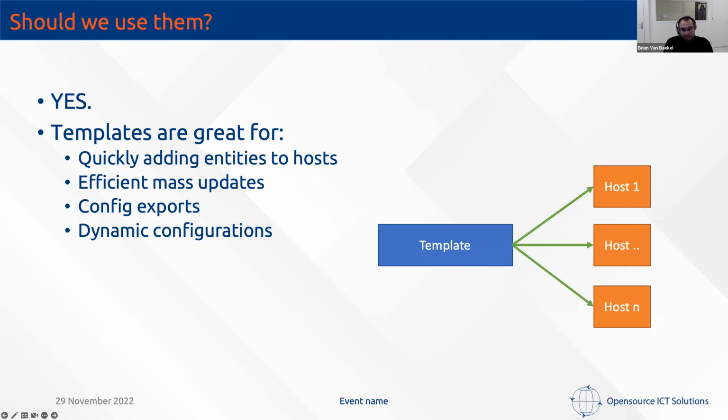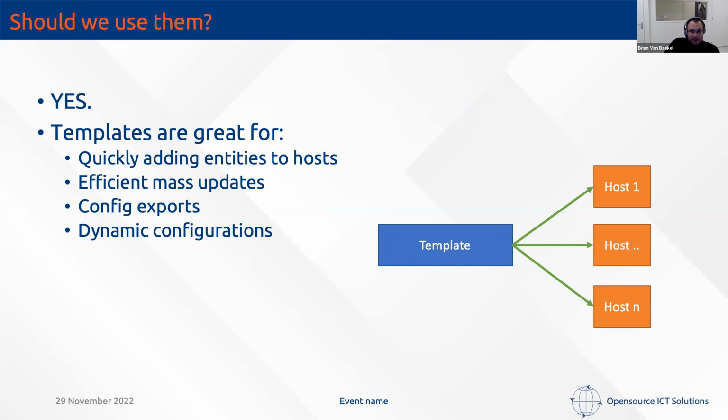If we build a template, we can just build the blueprint, link the template to the host, and bear with me, I will show it in a few slides. We link the template to the host, and all entities are just on that host immediately. If we make a change on the template, all hosts where this template is linked will be updated immediately. If we export this template, we just get the full export, the full configuration of what we would like to monitor and when something is problematic or not.